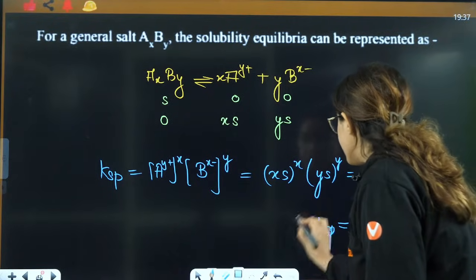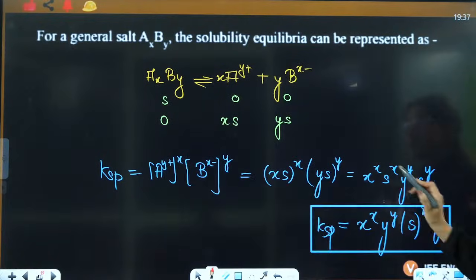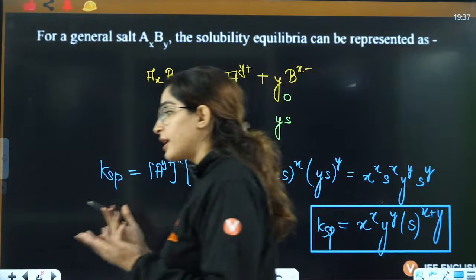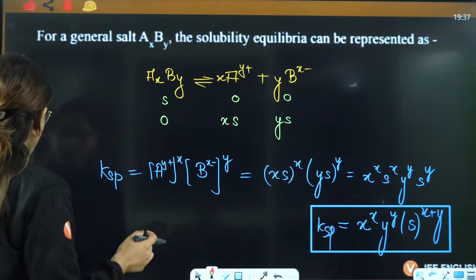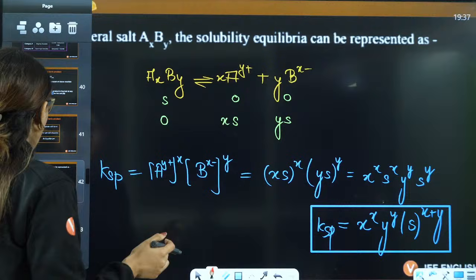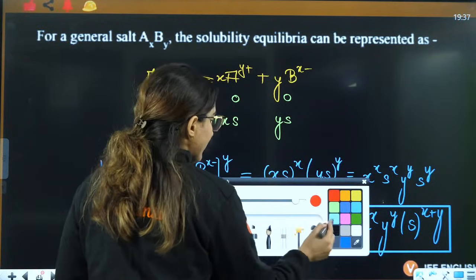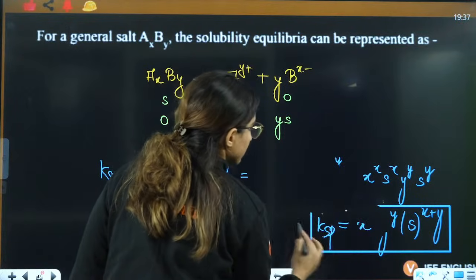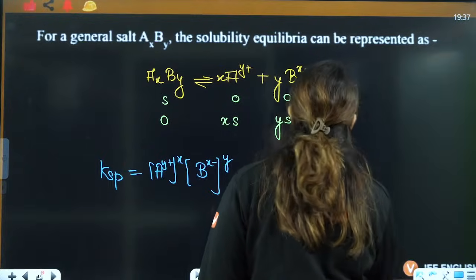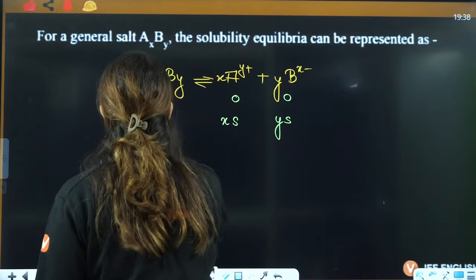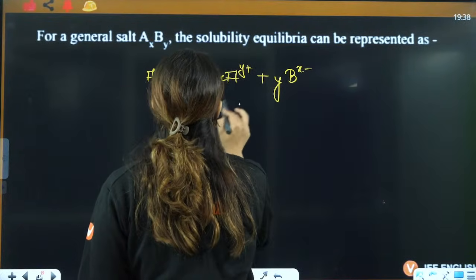I told you how to solve this, because you must know it, since sometimes solubility is not directly given, then we have to solve it like this. Now I'll give you how to answer this directly, without doing all of this. Solubility is S, it is given in the question.